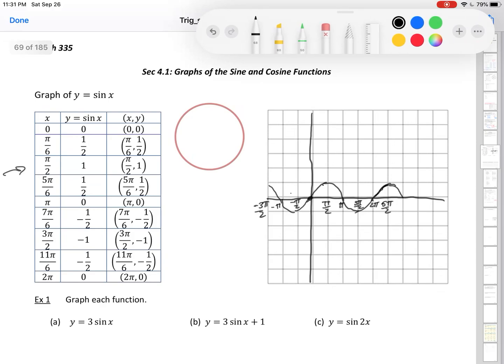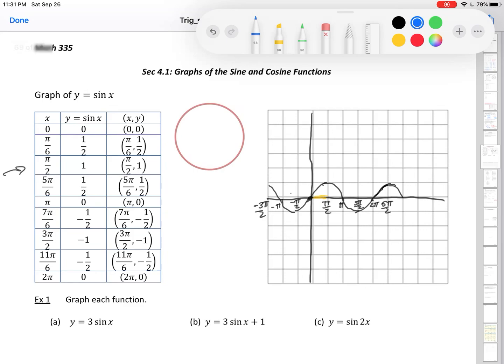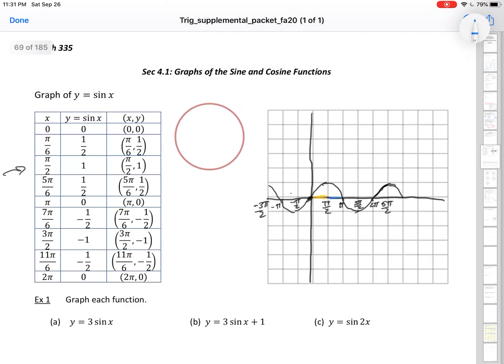Take a look at something really quick. Remember, these angles right here between 0 and pi over 2 are all quadrant 1. Of course we're positive. Then if I make it blue and we come in here, quadrant 2 is right here.